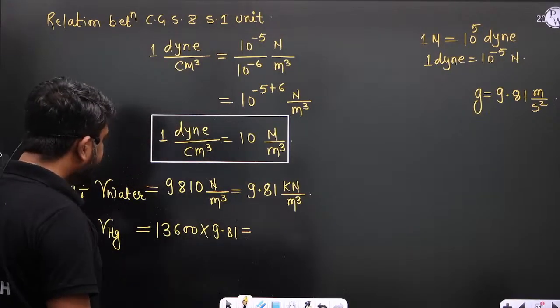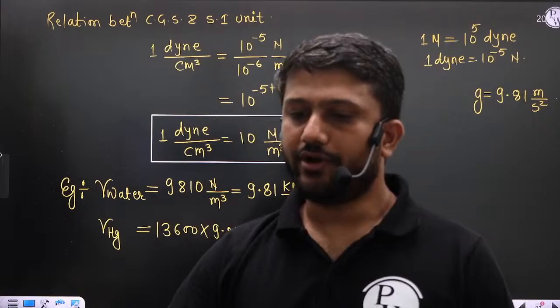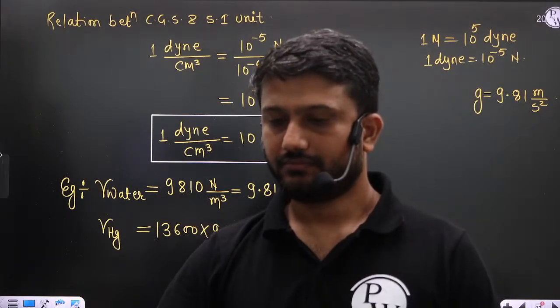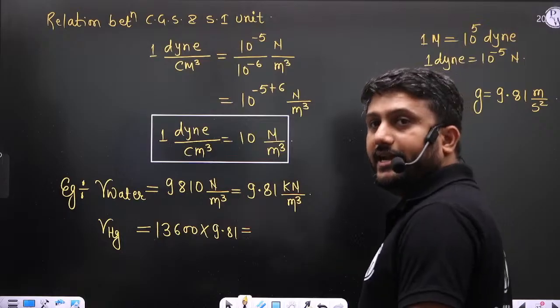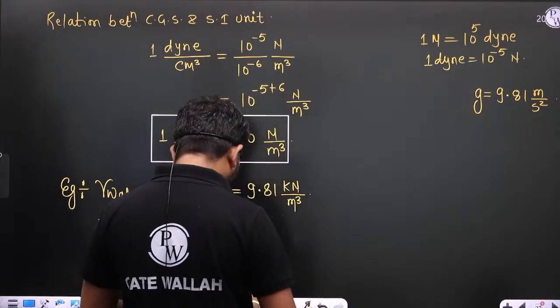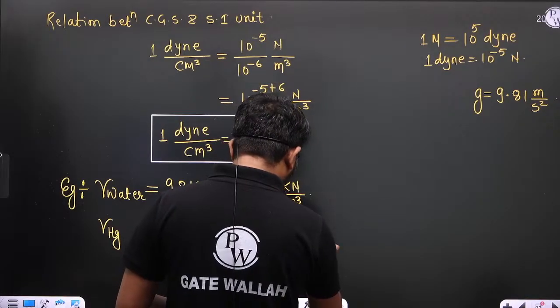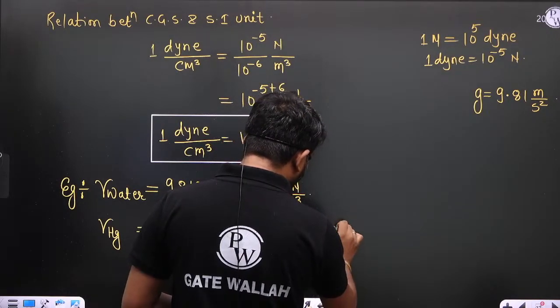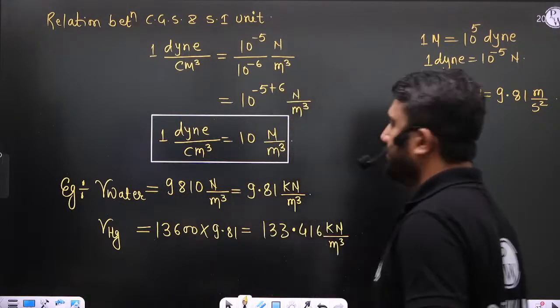So 13.6 into 9.81. So this comes to 133.416 kilonewton per meter cube.